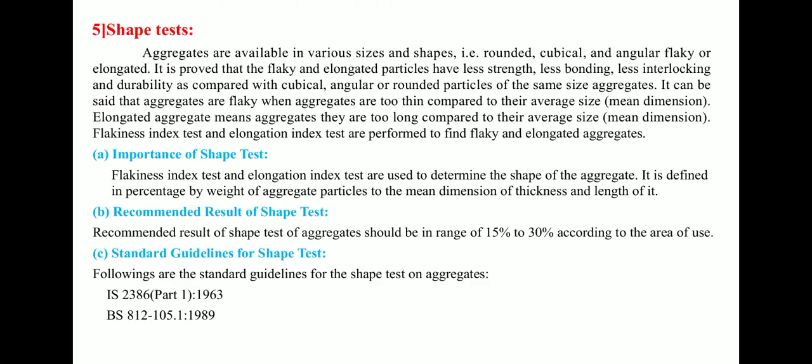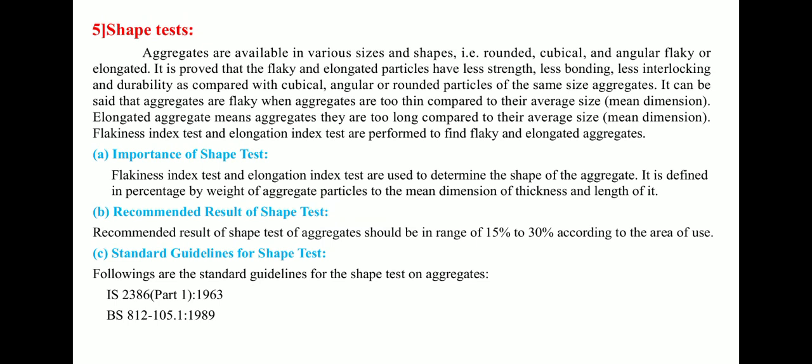Now the fifth test conducted on the aggregate is the shape test. Aggregates are available in various shapes and sizes, that is rounded, cubical, angular, flaky or elongated. It is proved that flaky and elongated particles have less strength, less bonding, less interlocking and durability as compared to cubical, angular or rounded particles of the same size.